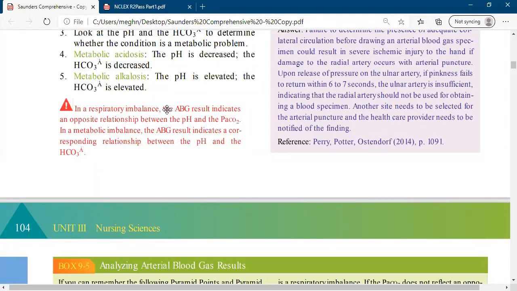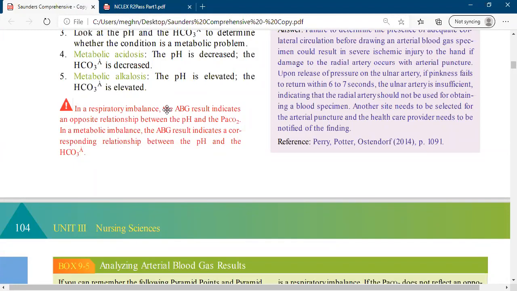So when we check the metabolic blood gas analysis, we can see the normal range of pH, the partial pressure of carbon dioxide, and the bicarbonate ion concentration.